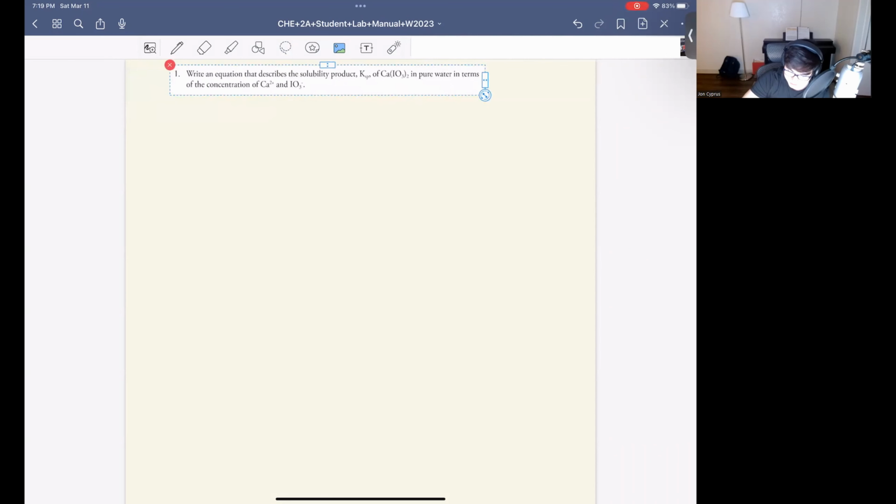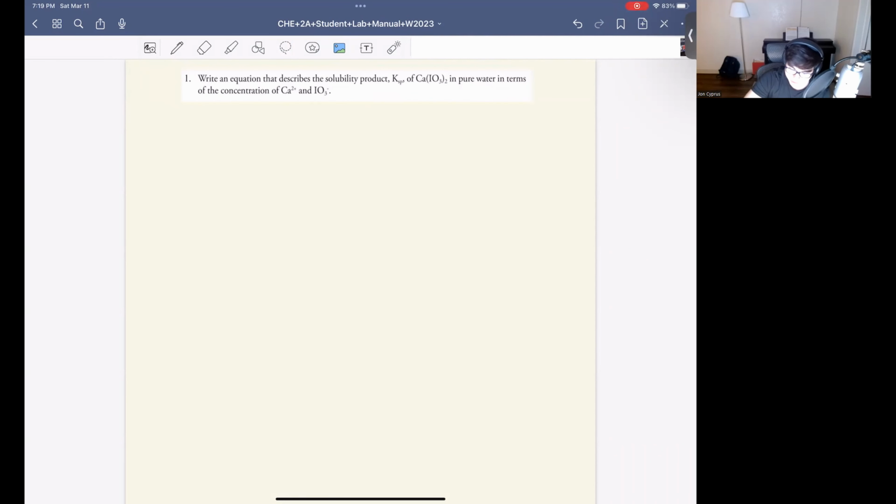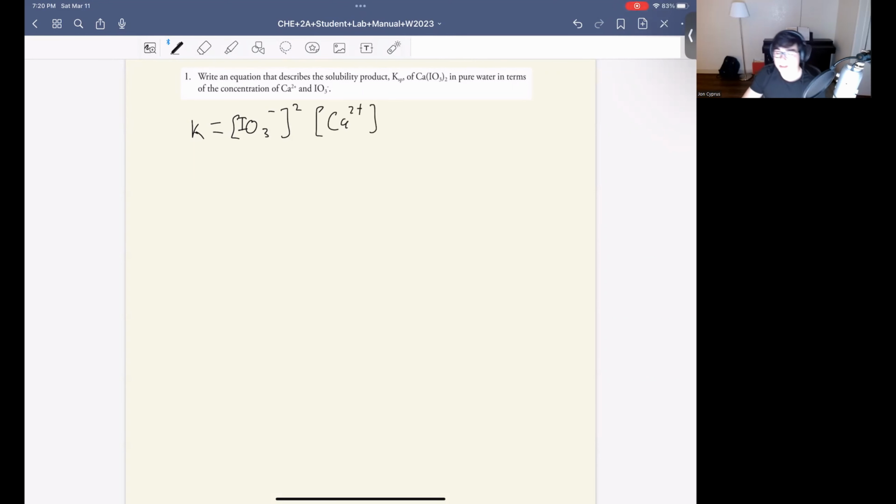you want to figure out an equation that describes the solubility product in pure water in terms of the concentrations of calcium and iodate, right? So KSP is just the same as your K constant. It's going to be the concentration of iodate squared times the concentration of calcium.